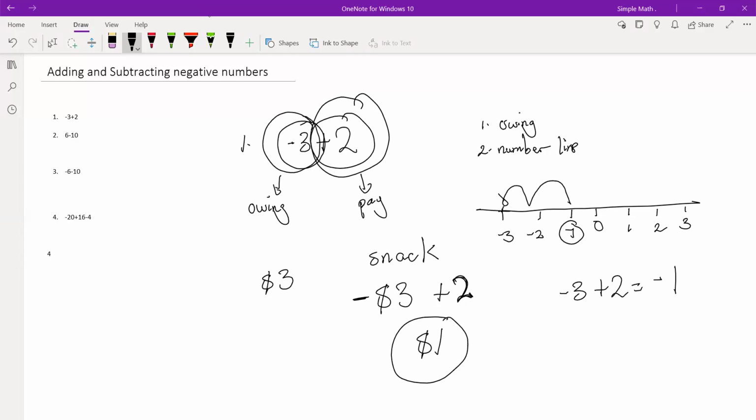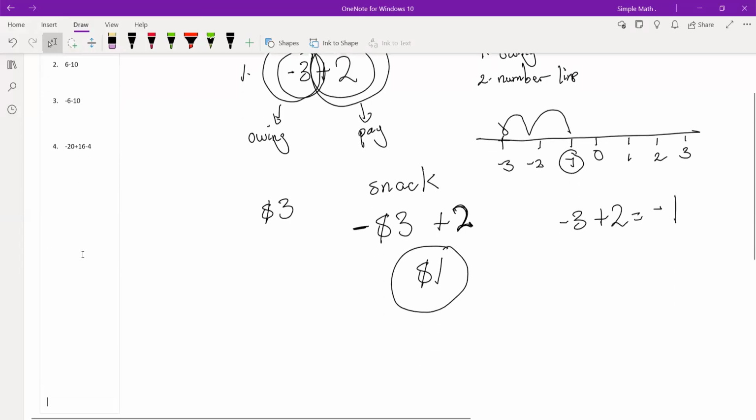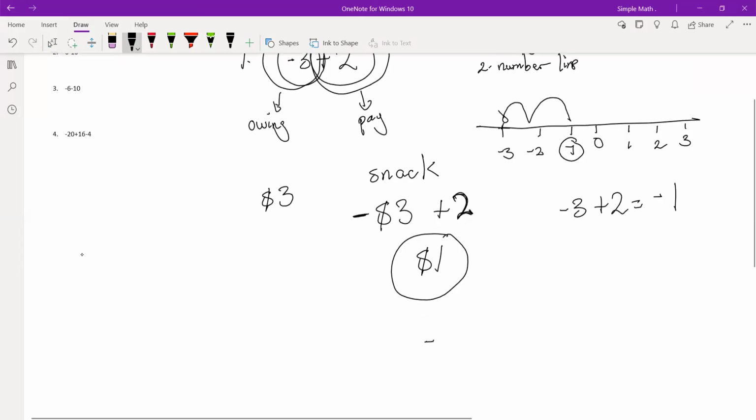Now, a quick way to do negative numbers, after understanding the concept. We have minus 3 plus 2. We all know that 3 minus 2 is 1. But when the bigger number has a negative sign and the smaller number has a positive sign, we just put 1 and then put a negative sign.